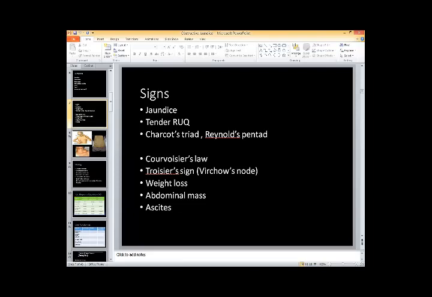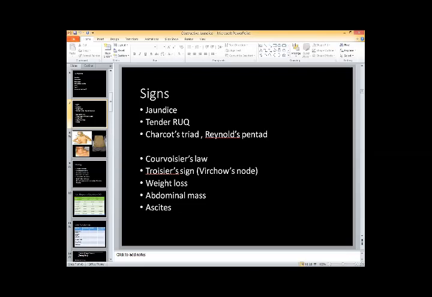And this law states that if in the presence of jaundice, the gallbladder is palpable, you palpate the abdomen of the patient and you can palpate the gallbladder, then gallstones are an unlikely etiology. Again, in the presence of jaundice, if the gallbladder is palpable, gallstones are an unlikely cause.